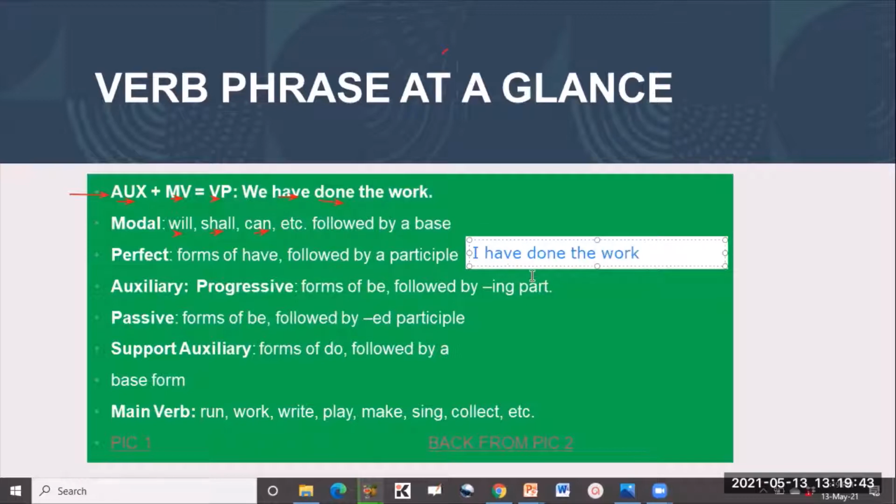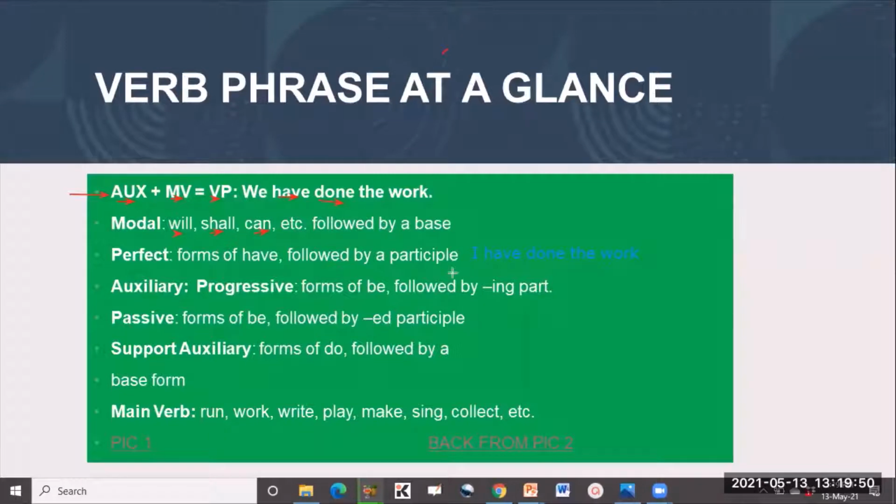All right. So when you look at this, then you can see right away that the verb phrase here is have done. All right, have done. And then the auxiliary verb is have, and the main verb is done. So the combination of these two verb forms will give you a verb phrase.